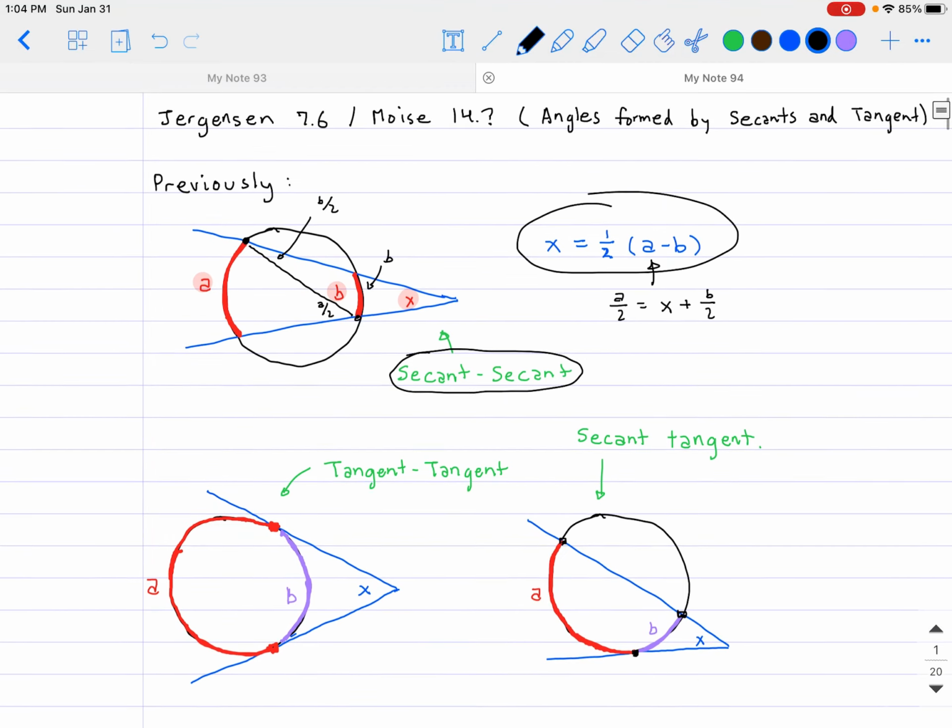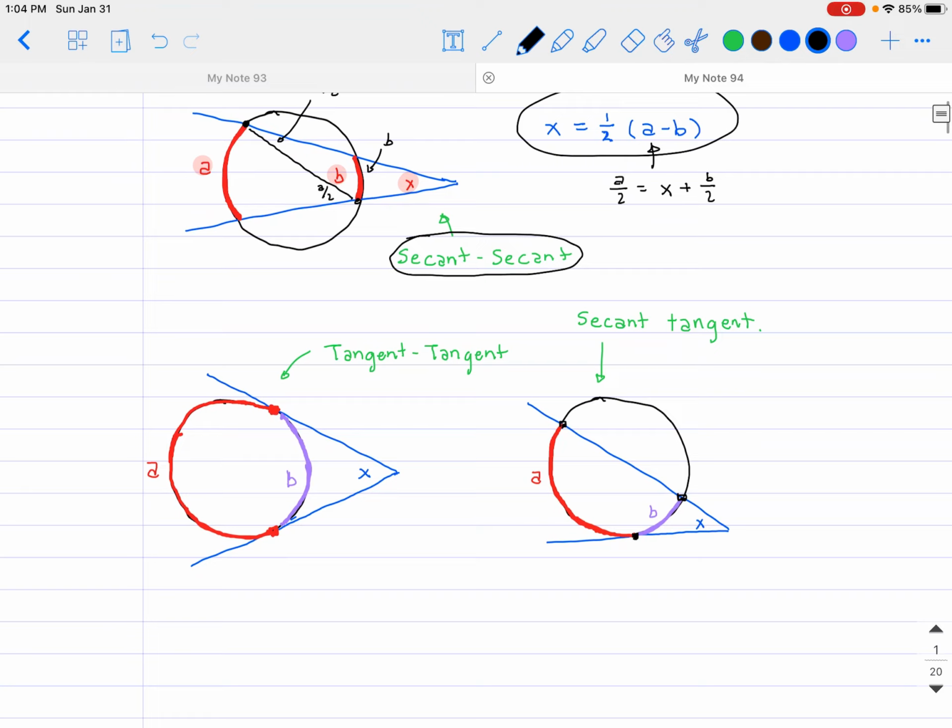Now in the cases below, where you have two tangent lines forming an angle with two intercept arcs, or maybe just a secant and a tangent right here, all three cases work the same way. That is to say, according to the picture, x is still equal to half of the difference between the two intercepted arcs.